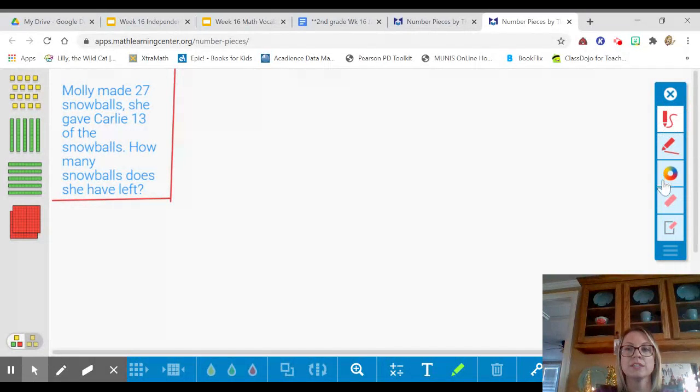This problem says that Molly made 27 snowballs. She gave Charlie 13 of the snowballs. How many snowballs does she have left? The first thing I'm going to do is circle my numbers. That's right, boys and girls.